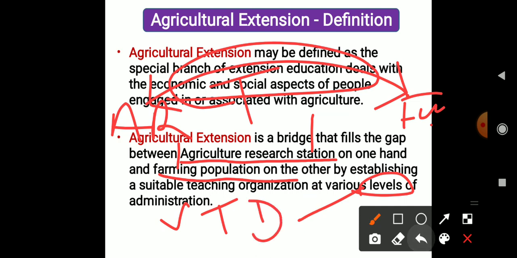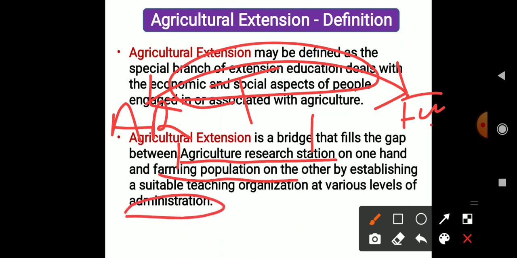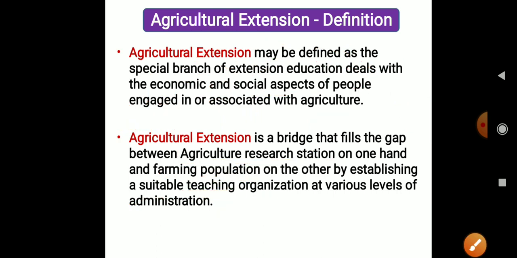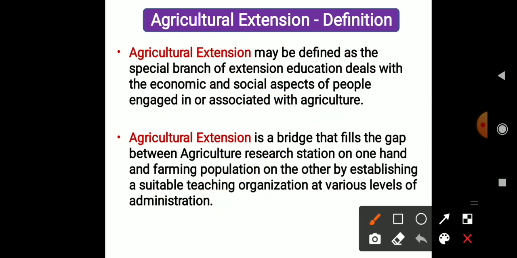So at various levels it tries to establish different branches at the administration level, and through those branches teaching is possible. Once again, it is the bridge that fills the gap between the agriculture research station on one hand and the farming population on the other, by establishing a suitable teaching organization at various levels of administration, meaning village level, taluka level, block level, etc.